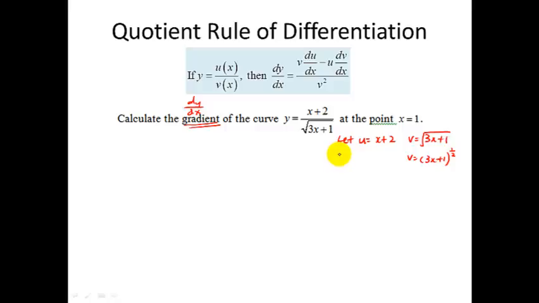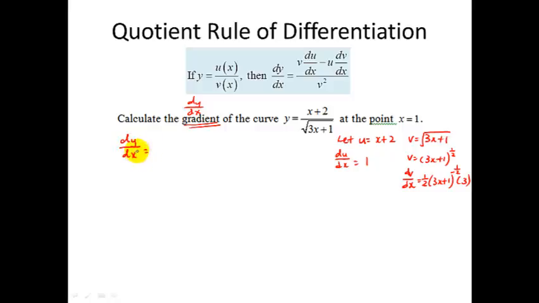Okay, ready to differentiate. For du/dx, differentiating x plus 1 with respect to x is just 1. For dv/dx, differentiating (3x plus 1) holding power half, bring down the power, power less 1, so it becomes minus half. And one extra bit, differentiate 3x plus 1. That gives me 3. Come back here, I'm looking for dy/dx.